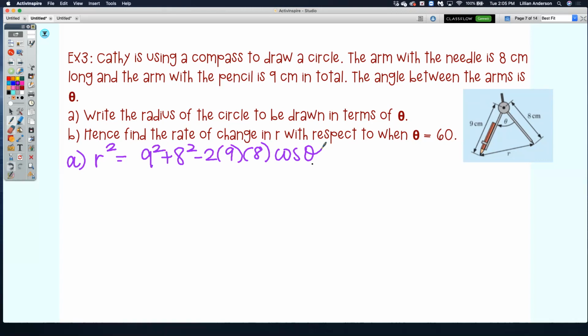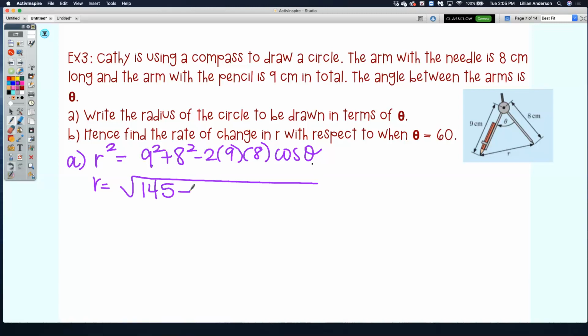How do I solve for R? Take the square root. What's 9 squared? 81. What's 8 squared? 64. Let's use non-calculator here. What is 81 plus 64? 145.